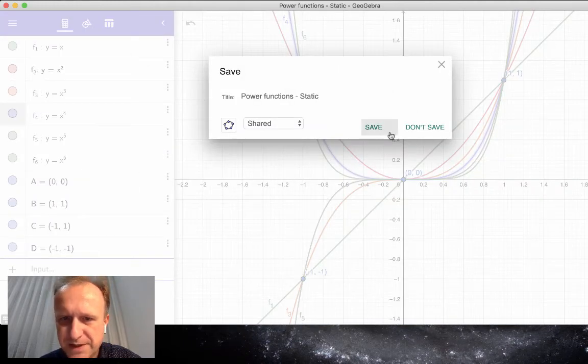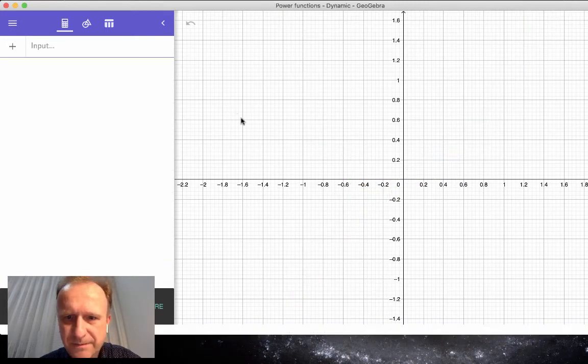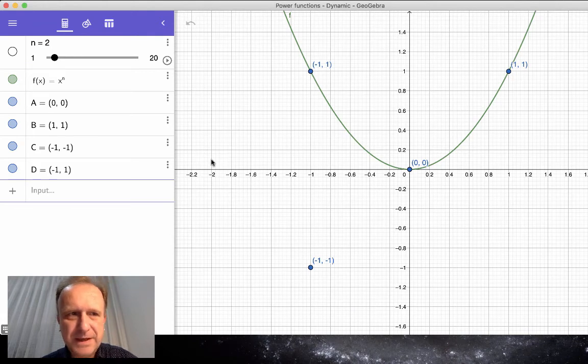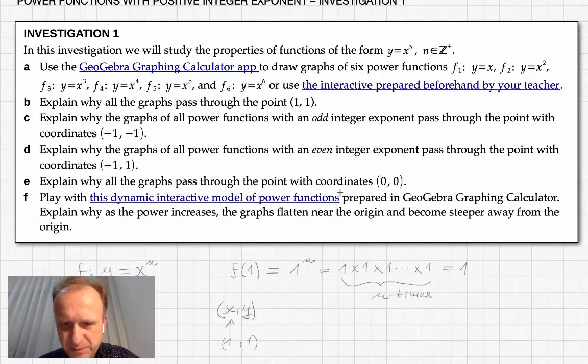So I'll choose to edit. Yeah, here it is. So this is the interactive model that we have to play with. So you should see it like this. So play with this model prepared in GeoGebra.